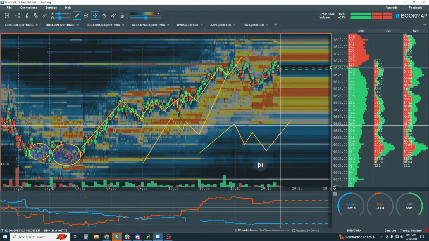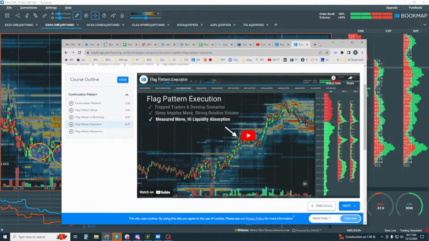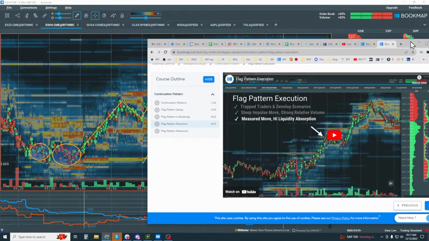Once you start to go through and understand this continuation pattern, this is just one. This is why I was saying to kind of forget what it says there, flag pattern. Just understand these strong momentum moves, a pause, and then another strong momentum move or impulse move.